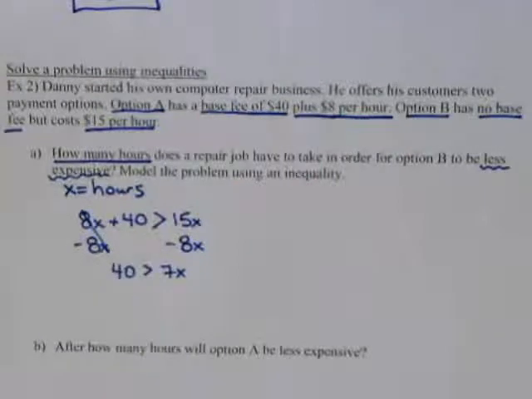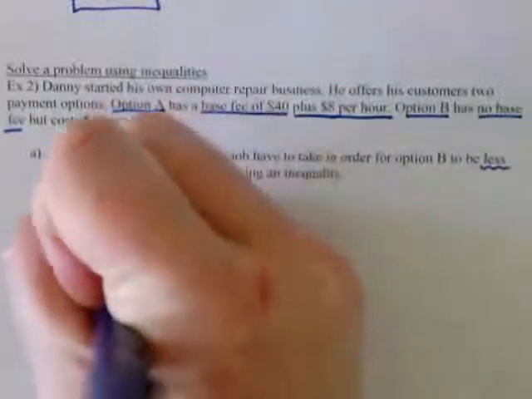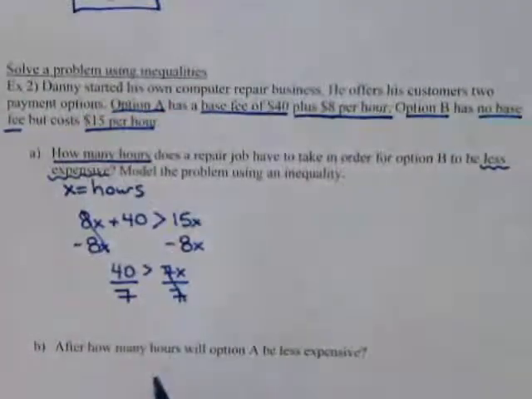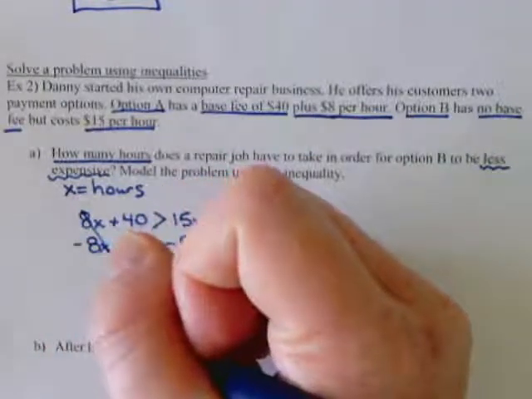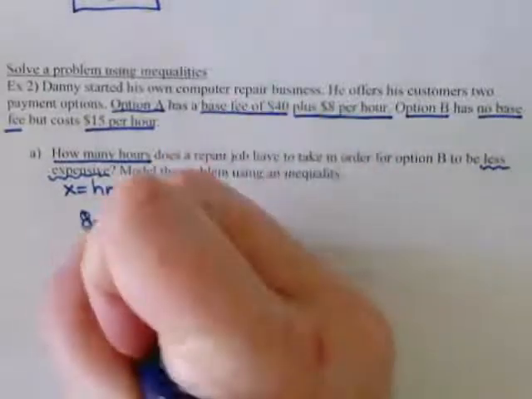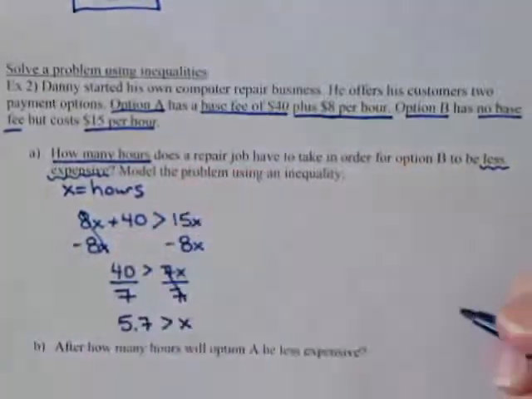Now, what we're going to do next is we are going to do a division of 7 on both sides because it's 7x. It's being multiplied, and that's what we want to get rid of. So, what do we do here? We have 40 divided by 7 gives us 5.7 is greater than x.